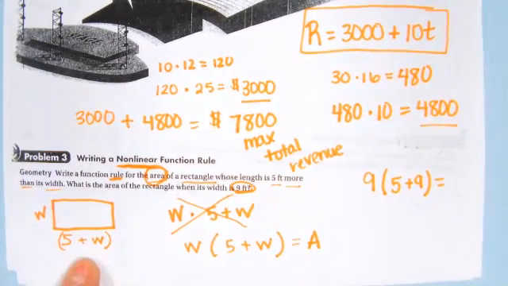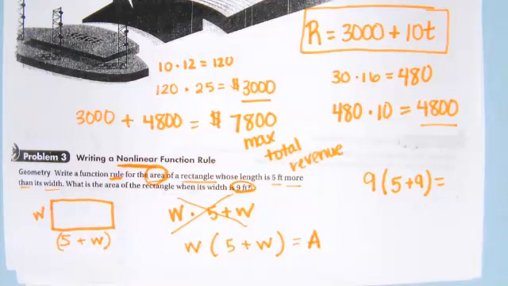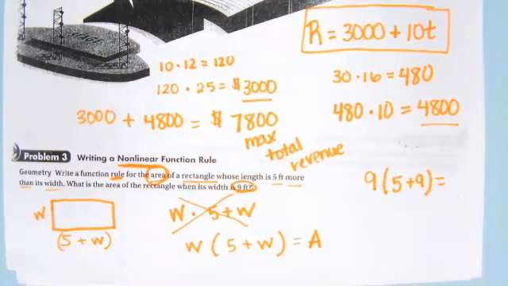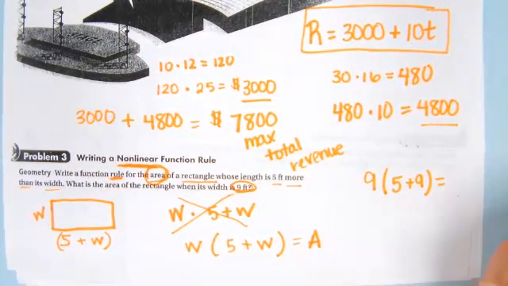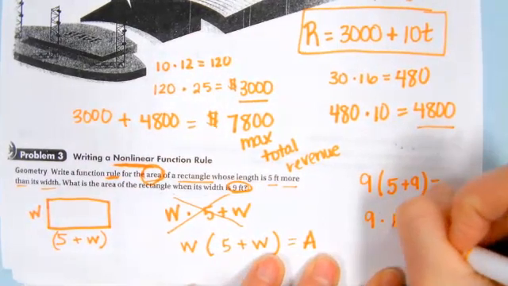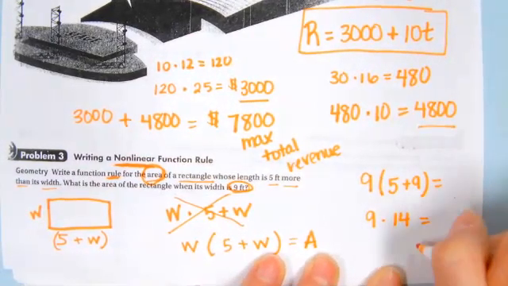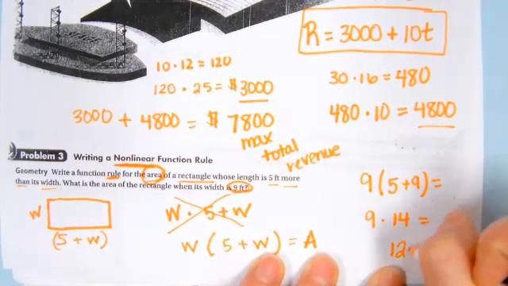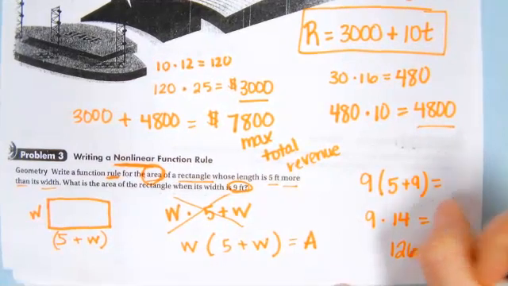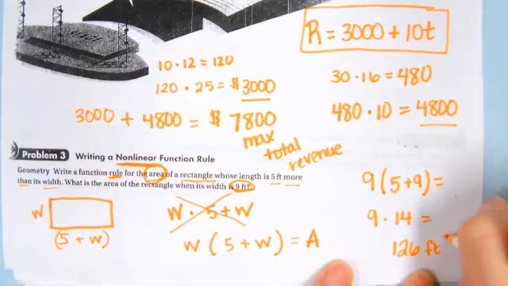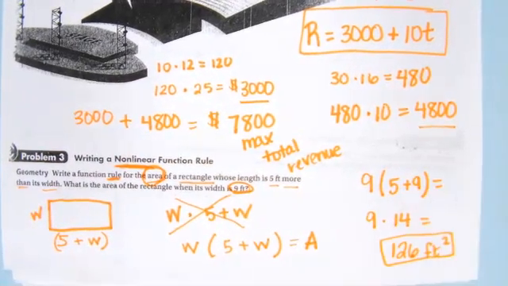And what would you do? 9 times what? 14. Is that really what you're doing here? Yes. 9 times 14, right? You're doing it in your mind. And what do you get? And then remember, area is in feet squared. And that's how you do it.